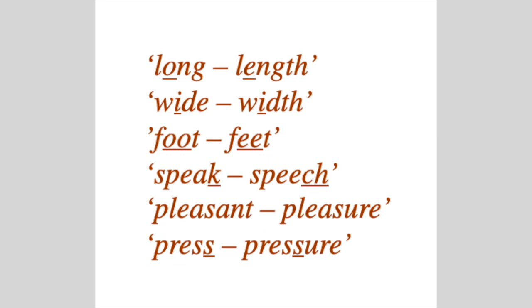Long, length, wide, width, foot, feet, speak, speech. Pleasant, pleasure: the writing is the same, but the pronunciation is different. Same as press and pressure, the pronunciation of s changes to sh. So the same thing happens in the Russian language.